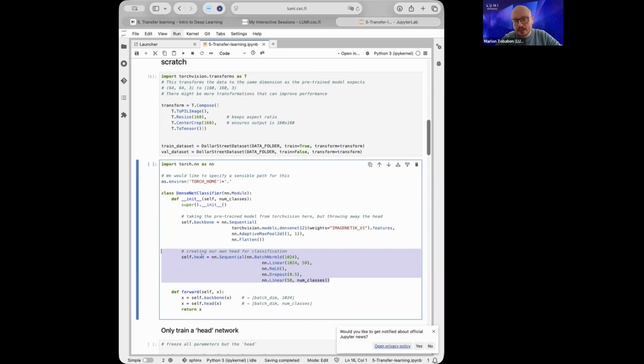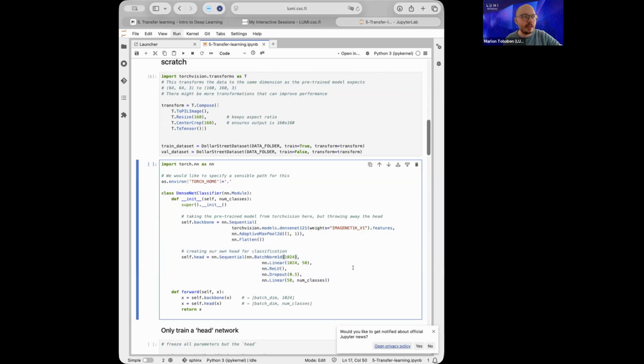How to do this in practice? There are very different ideas of how to design these classification layers, but you can take it as given that a huge part of the model has already been trained, and we use it as it is, and then we build something on top.